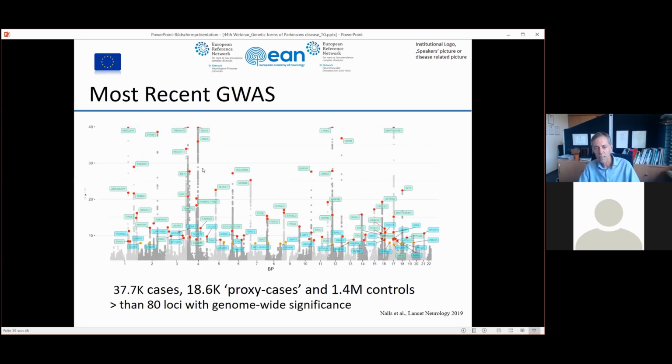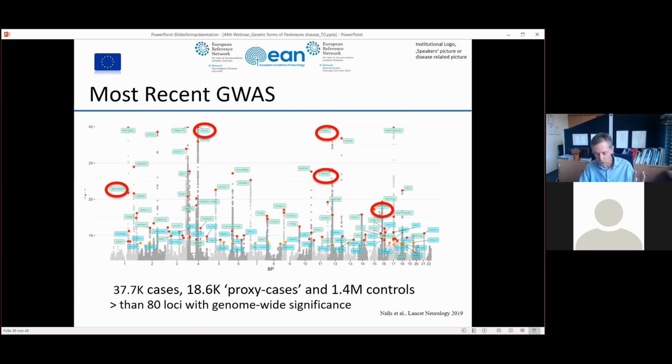In more recent studies with many, many more patients, over 37,000 patients, 1.5 million controls, so a lot of patients, there are a total of 80 loci that have been identified. And interestingly, you can see the GBA gene, the alpha-synuclein gene, the LRRK2 gene, and others show up here again.